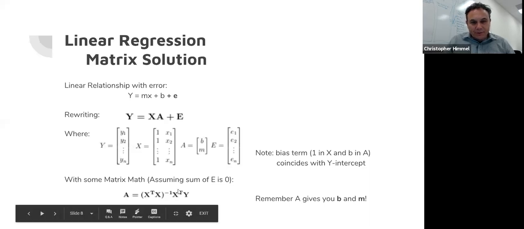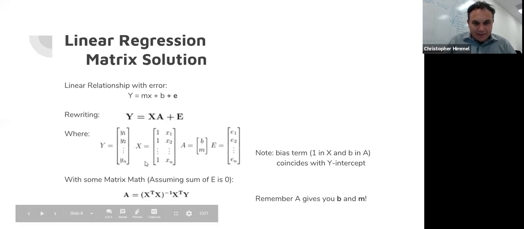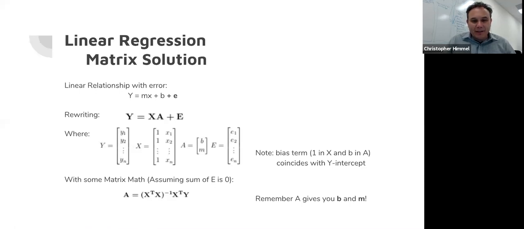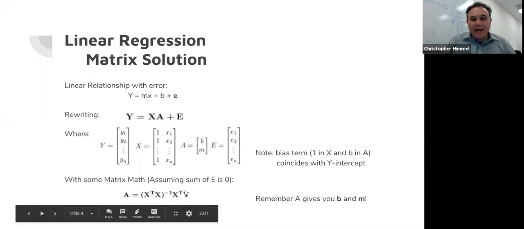So when you take the inverse, you just end up with that inverse. And then you multiply by x transpose. Take x, transpose it, and then you multiply the two. Then you multiply that by your y, your output. And what you end up with is A. Then you have your B and your M.